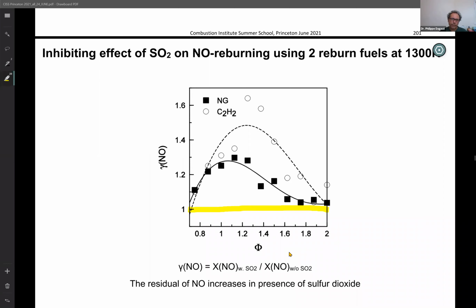Well, you have N2 plus O plus M. Since it's a three-body reaction, it's very pressure dependent, and the rate will increase dramatically with increasing pressure, because with increasing pressure, you increase the molecular concentration of the different reactants. So it has nothing to do with the activation energy. It has to do with concentrations.